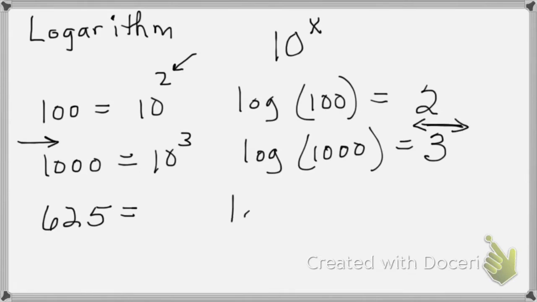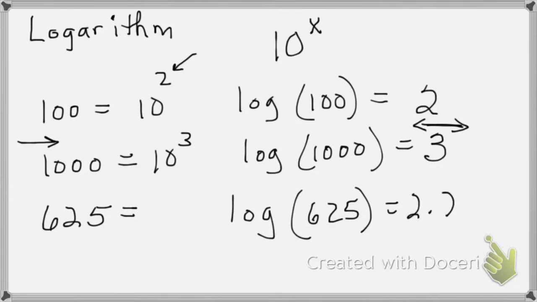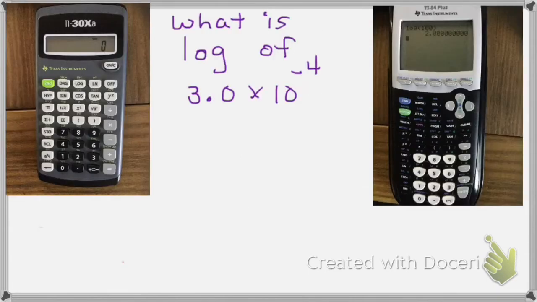So we don't have to worry about using log tables or anything. You all have calculators, and we would find that the log of 625 would be 2.796. So let's make sure we know how to use our calculator to find the log of a number.